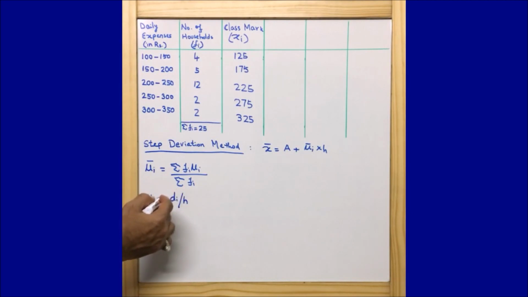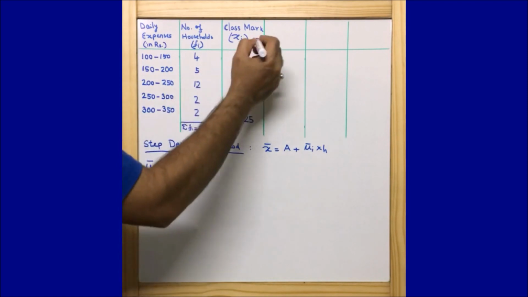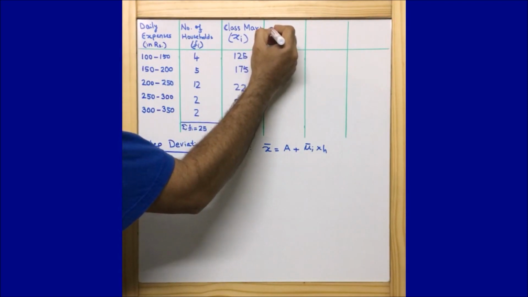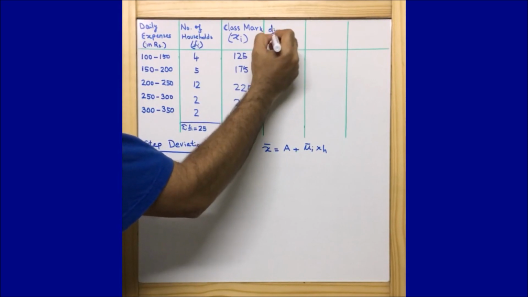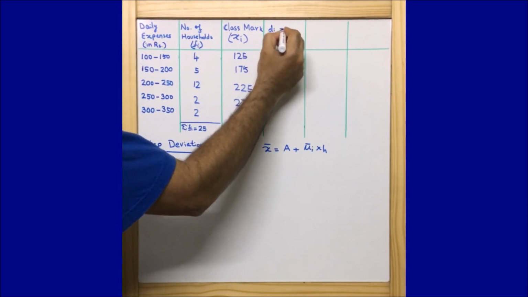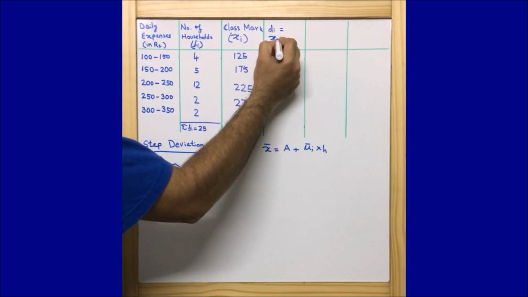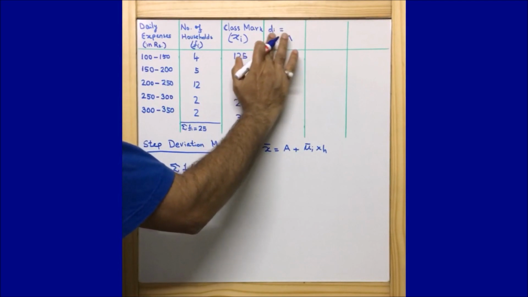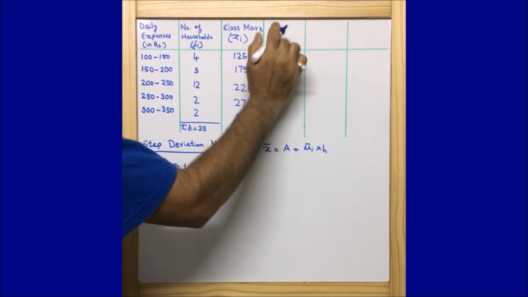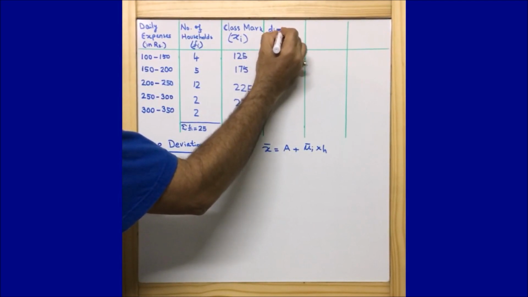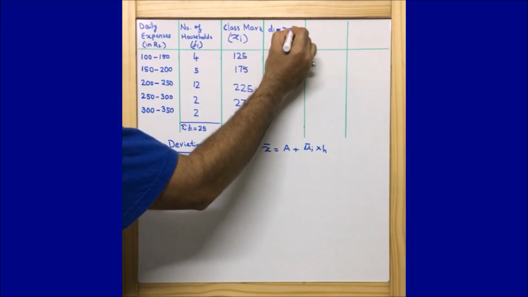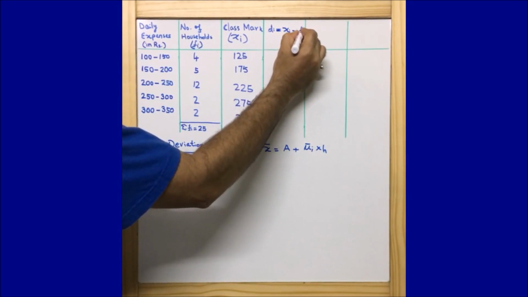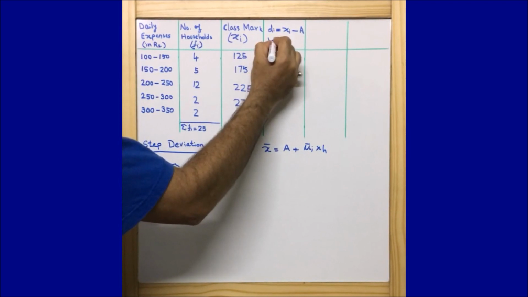So first of all let us find out di. di is equal to xi minus a, and here a is the assumed mean.